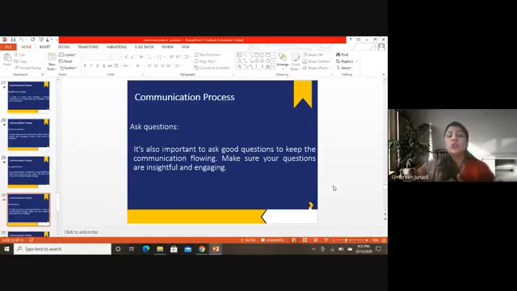So for sending a good message or receiving a message effectively, when a communication is going on between two people or two groups, it is very important that in between you ask questions.